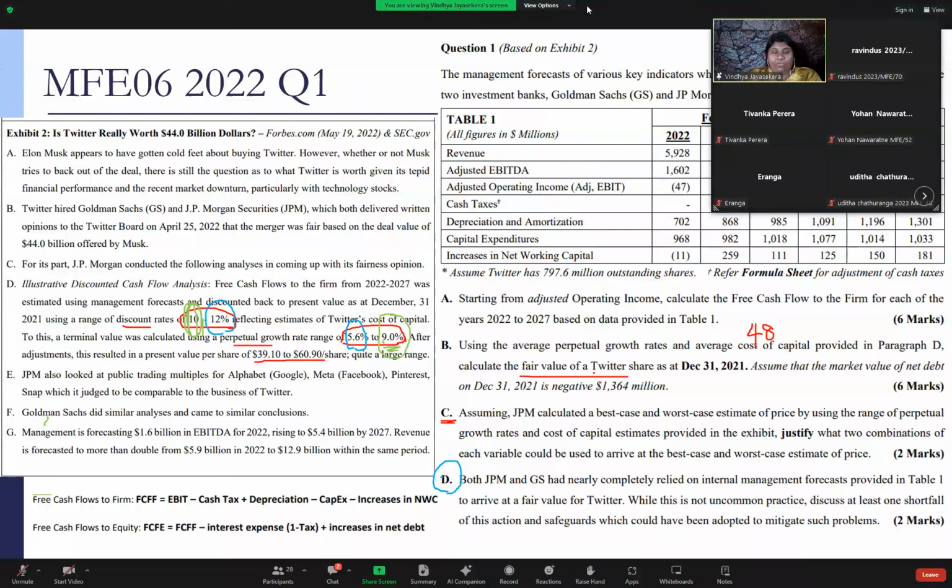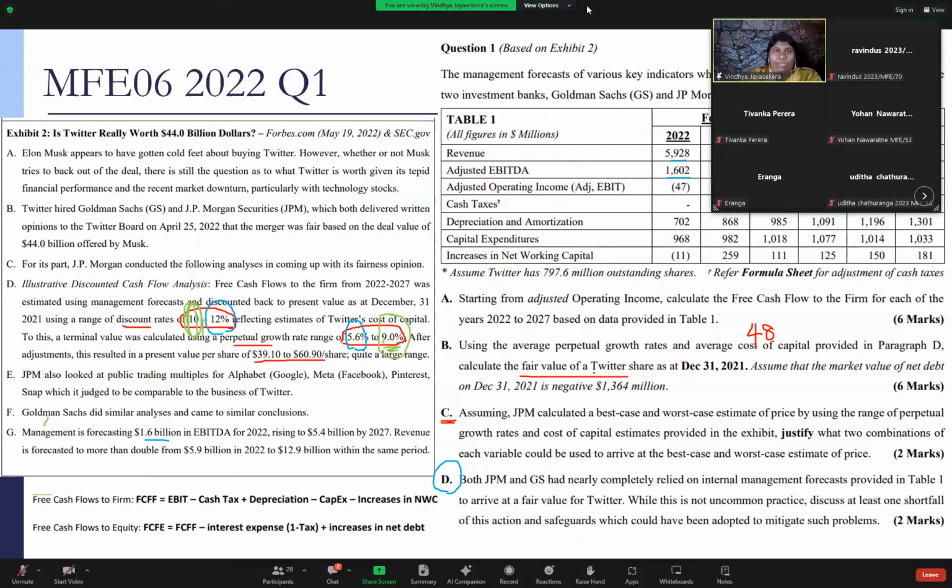But here, if you look at the way JP Morgan has forecasted and look at the management estimates, management has said from 1.6 billion, EBITDA is going to grow to 5.4 billion. And from 5.9 billion, revenue is going to grow to 12.9 billion. Okay? They've essentially used the management forecast as is.